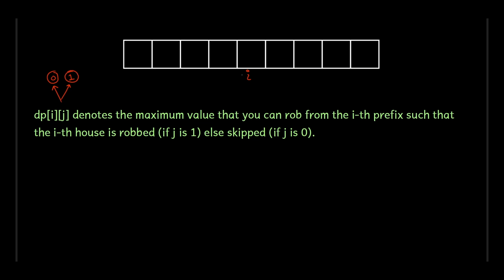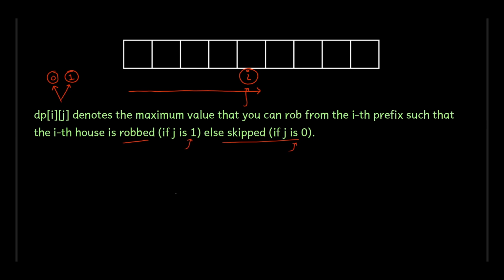So the DP definition is: DP of i, j denotes the answer for the ith prefix. You want to rob the houses from the first i elements such that the decision that you made at the ith house is robbing it if j is equal to 1 but skipping it if j is equal to 0.